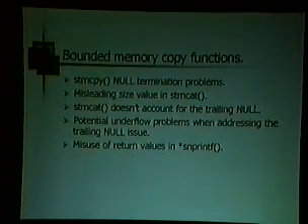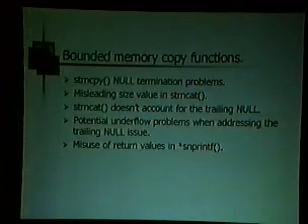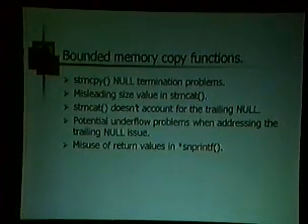The second function, strncat, has similar problems, but in many situations is more dangerous because it's misleading for 3 reasons. Firstly, there's the misleading size value in strncat, which looks like it should be the size of the buffer that you give as an argument, but it's actually the remaining length in the buffer.